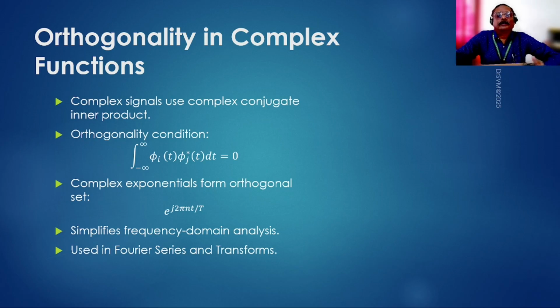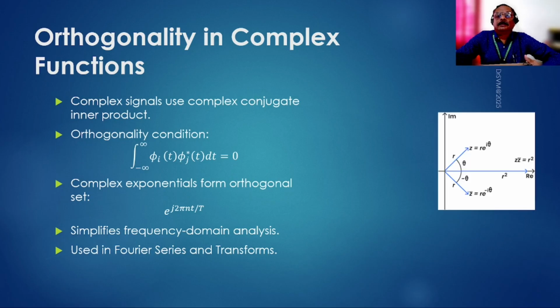So let's just check what orthogonality is in our normal sense. If z is any vector, it's represented in the polar domain as r e to the power i theta, where r is the length of the vector, i is an imaginary number, root of -1, and theta is the angle between the vector and the x-axis.